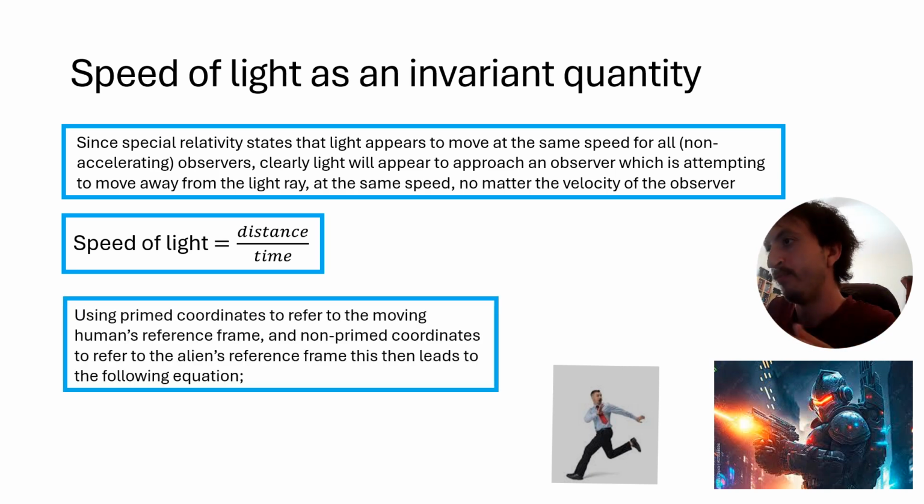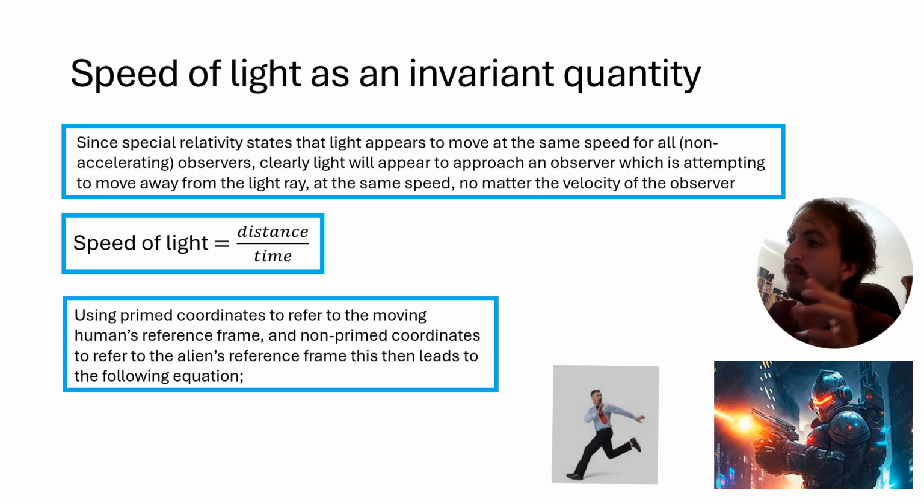So, using our analogy of the human running away from the laser beam and the alien being the one that fired the laser beam, we can consider the human as moving, if you like, and the alien holding the laser gun as stationary. Now, you could argue it in the reverse. You could set up some coordinate system that follows the moving observer.